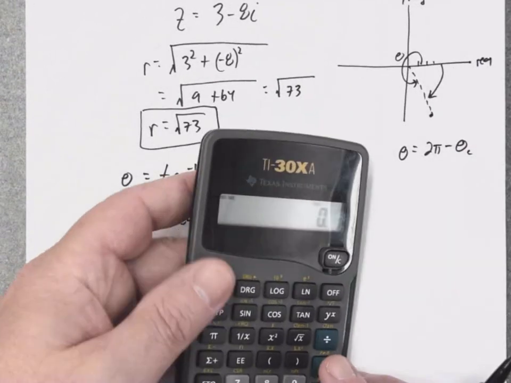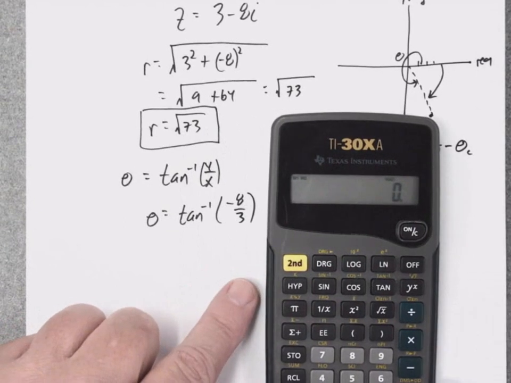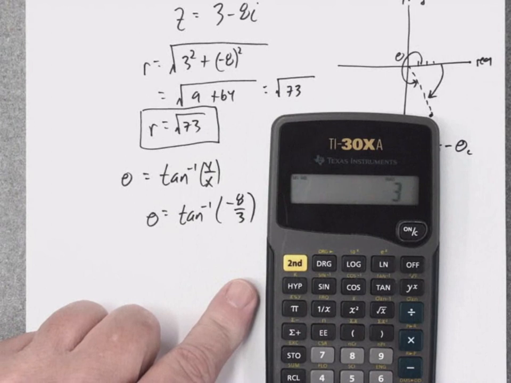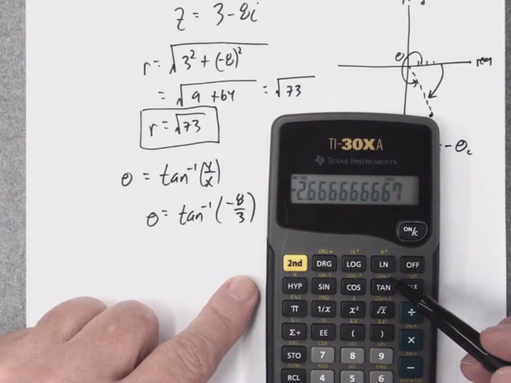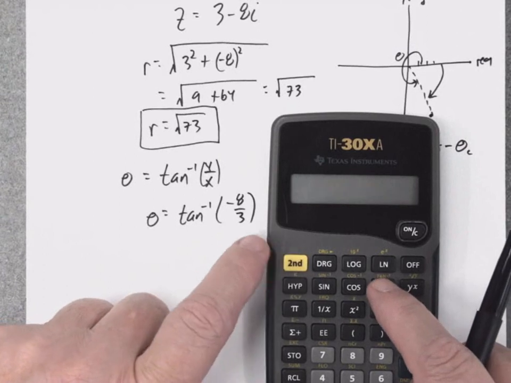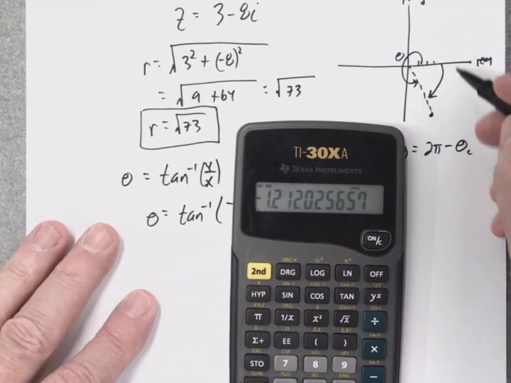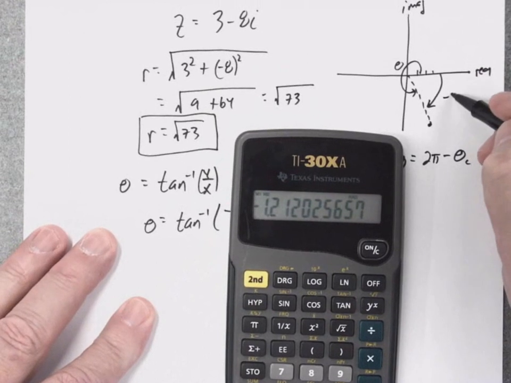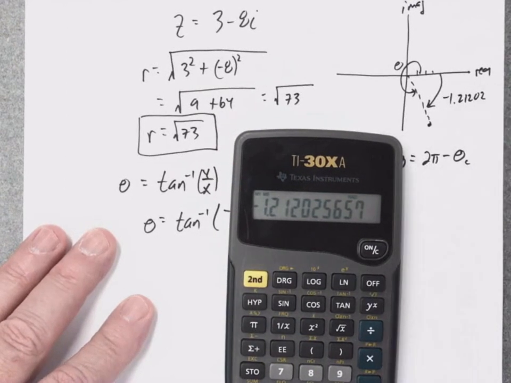Let's put in negative 8 divided by 3, and then hit the inverse tangent key right here. So this is negative 1.21202 or whatever.